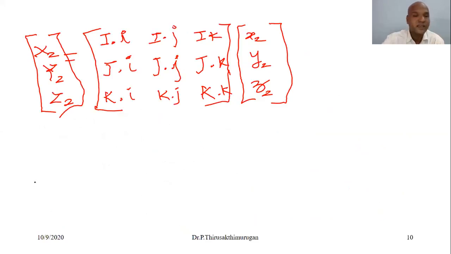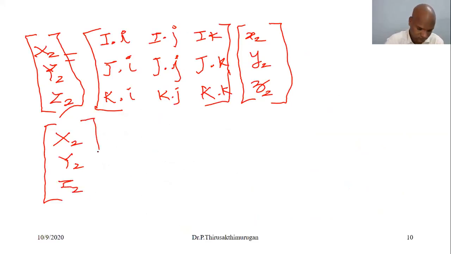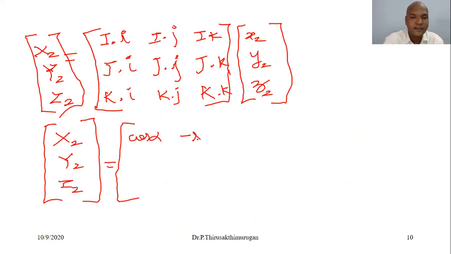So you substitute here, you will get x2, y2, z2 equal to: I dot I is cos alpha, I dot j minus sin alpha, I dot k 0.